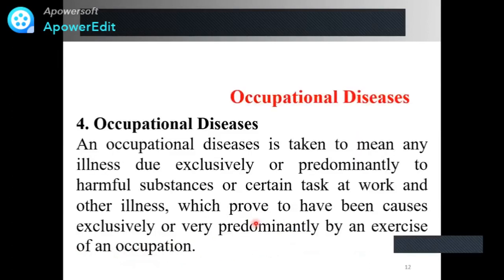An occupational disease is taken to mean any illness due exclusively or predominantly to harmful substances or certain tasks at work, and other illnesses which prove to have been caused exclusively or very predominantly by the exercise of an occupation.